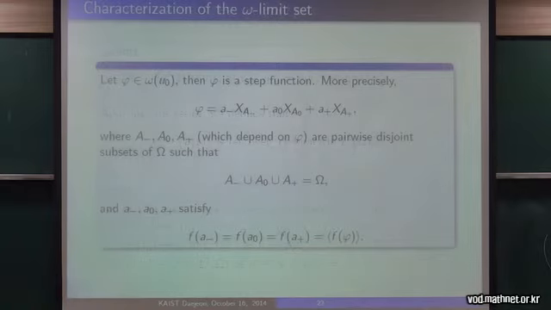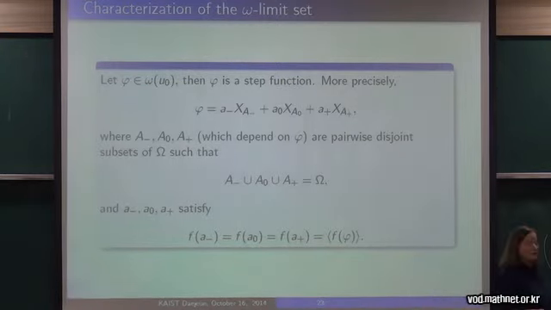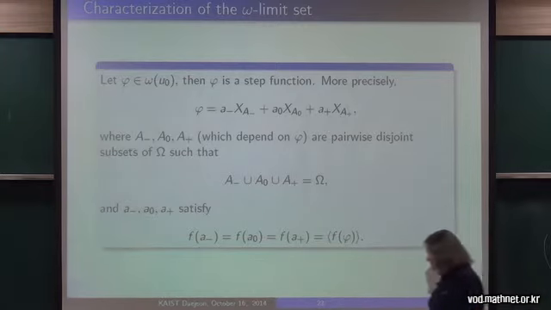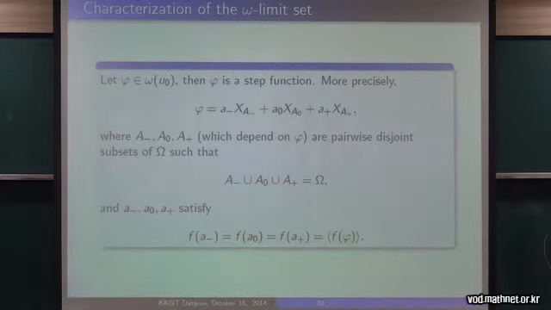So now, we know that sequences u of Tn converge to some function as t tends to infinity, and we have to characterize further these functions of the omega limit set of u naught. One of the properties we prove is that phi essentially takes three values, A minus, A naught, A plus, on three sets, capital A minus, capital A naught, capital A plus.